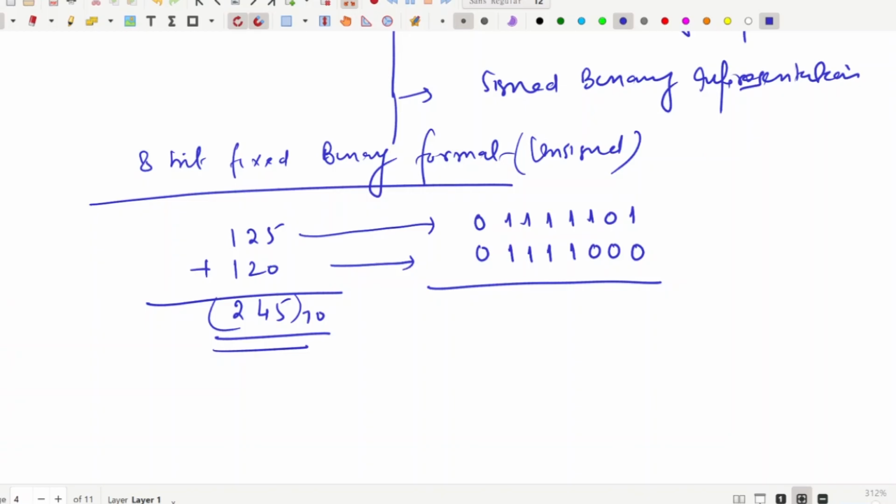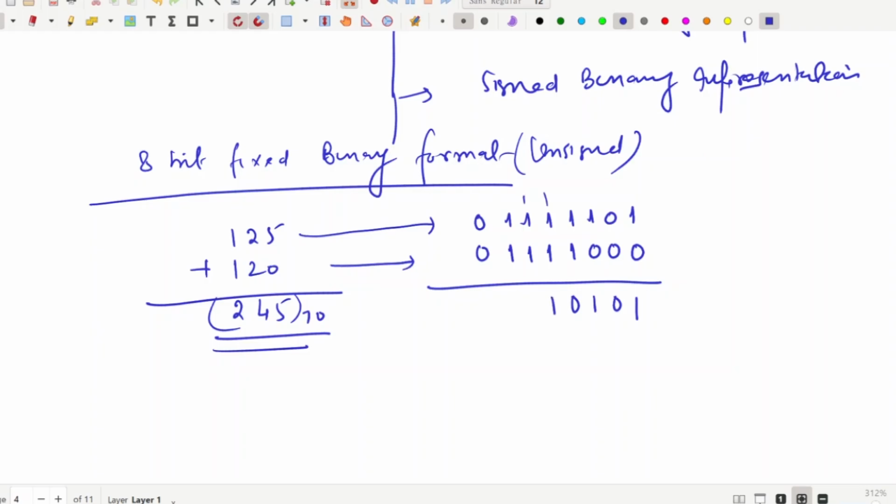Here when we perform addition, what happens? We add bit by bit, carrying where needed.